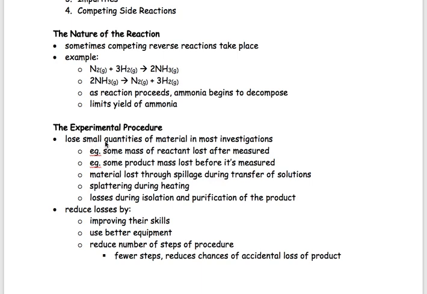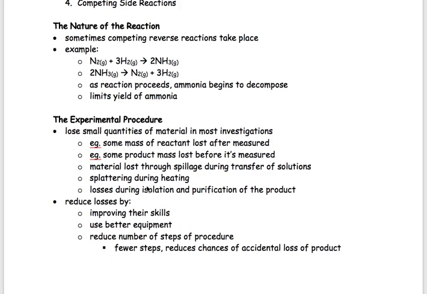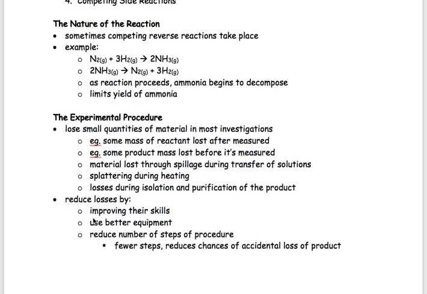You could lose small quantities of material. Sometimes you have to weigh it out, and when you do that, you leave a bit of substance behind. They're talking about spilling and sometimes splattering and so forth. Again, try to be careful, try not to have this be a huge part of your loss of material, but still stuff will happen.